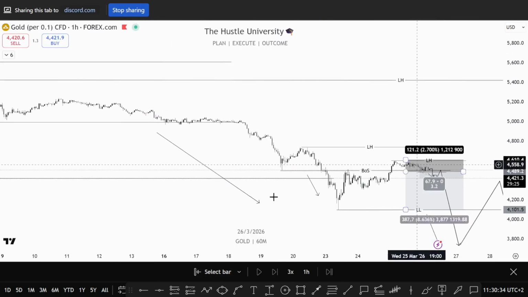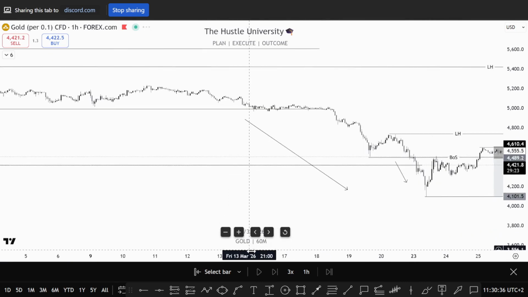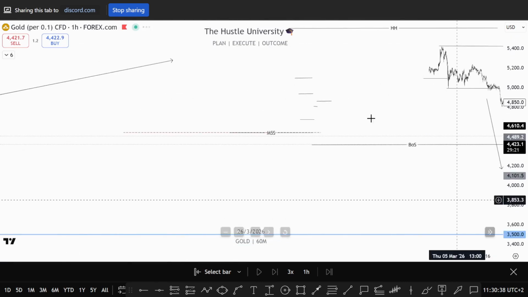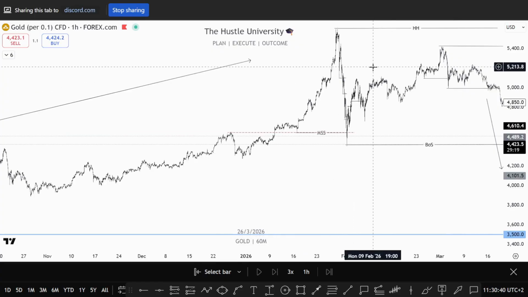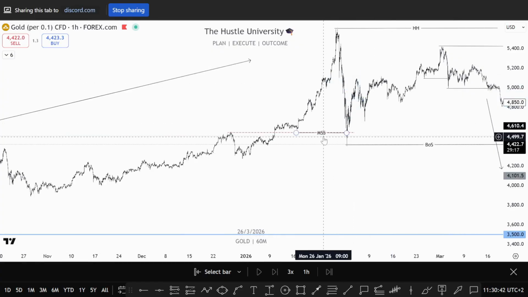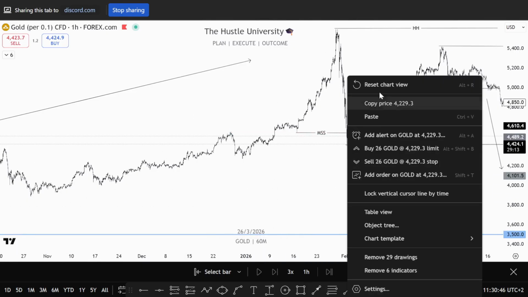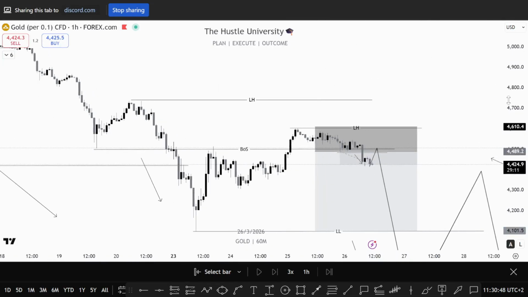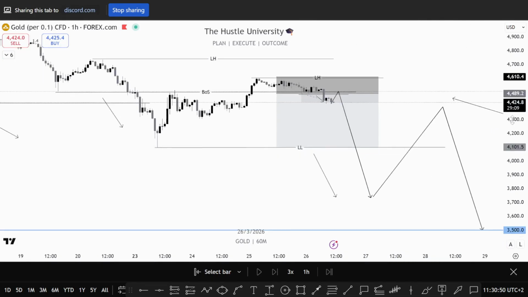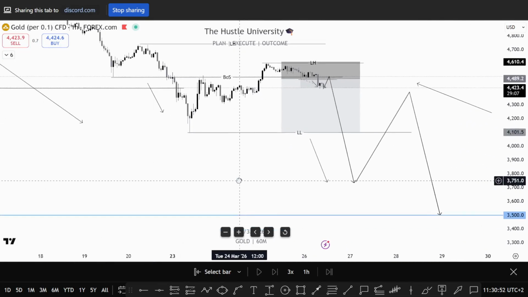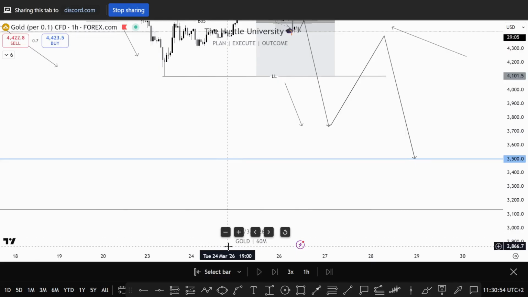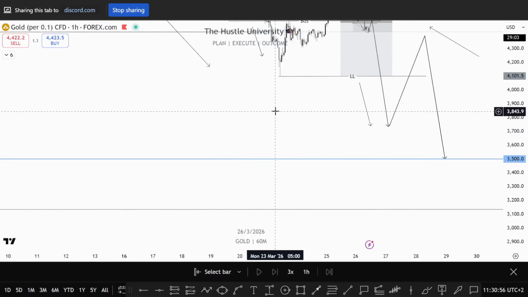All of these things are just so you can get an understanding of what price does. Ideally start with the 4 hour. Get an understanding, get a clear view of what price is doing. Just look for areas where price corrected.